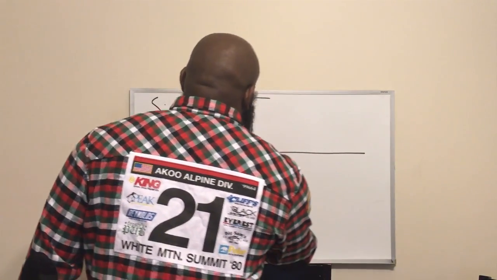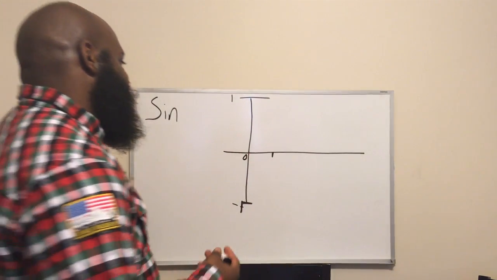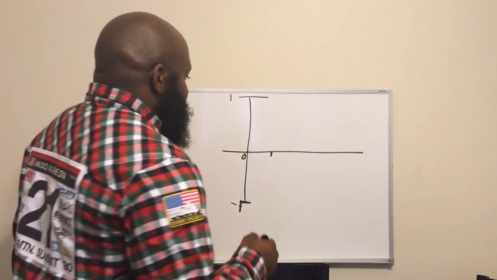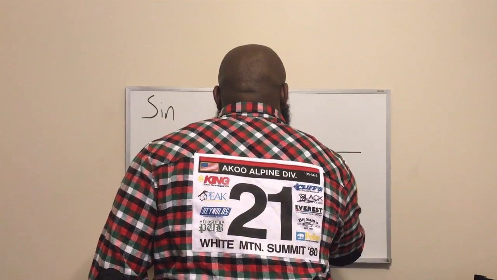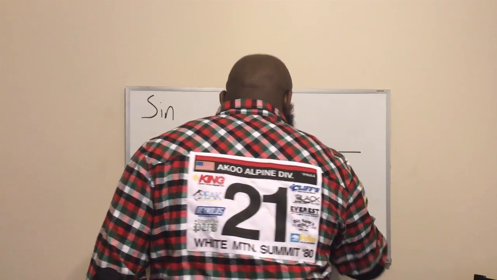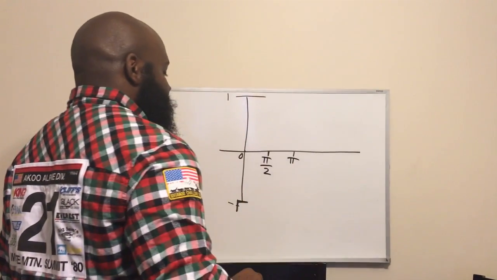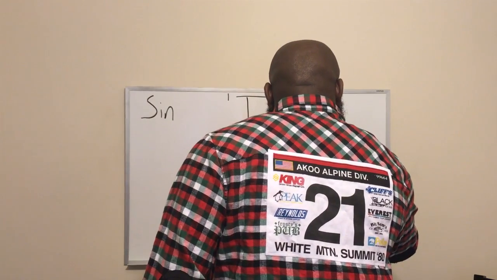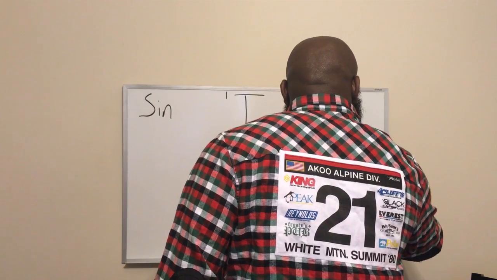We have 0 degrees right there at the origin, then pi over 2, which is 90 degrees, then your pi, which is 180, then 3 pi over 2, your 270, and then your 2 pi, 360.